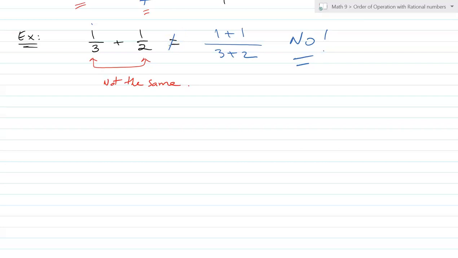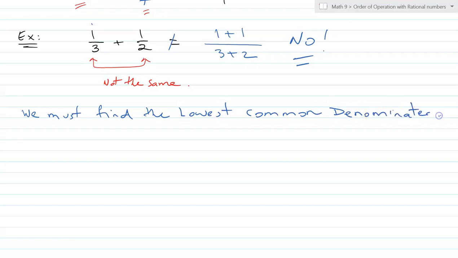So we must find the lowest common denominator. Look at the 3 and 2. So we have 1/3 plus 1/2.